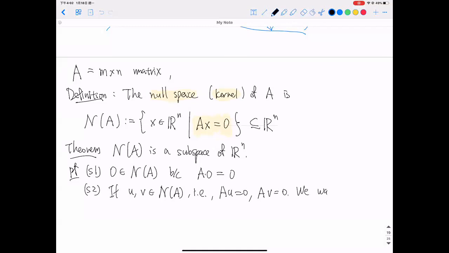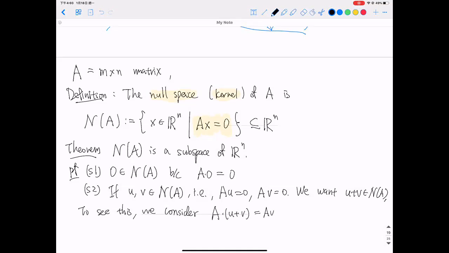To see that u plus v is in N(A), we consider A times (u plus v), and we need it to equal 0.